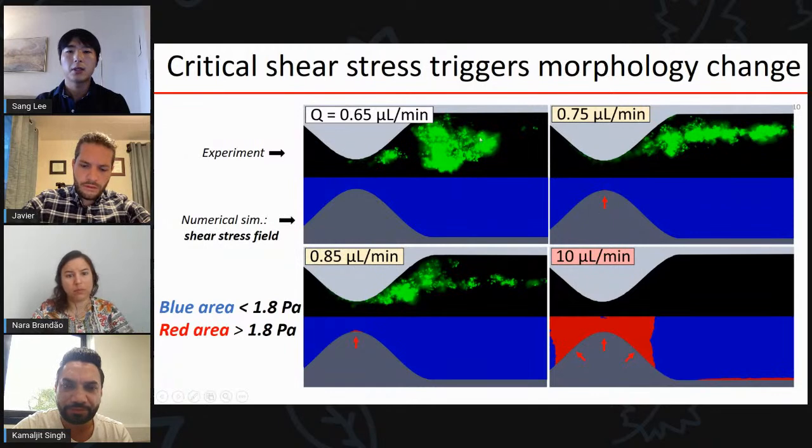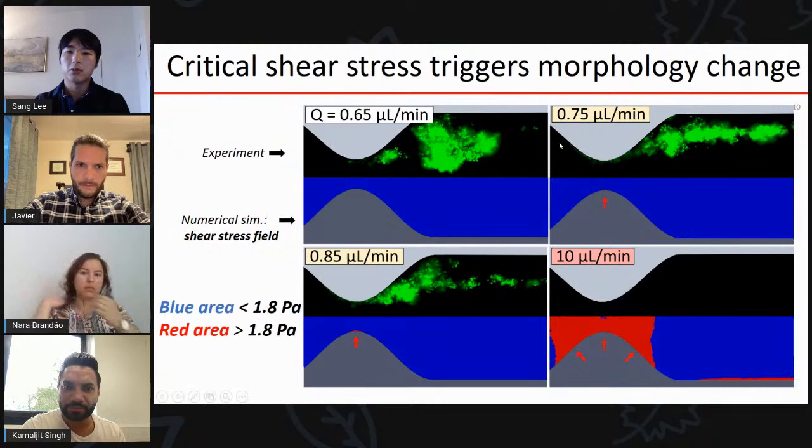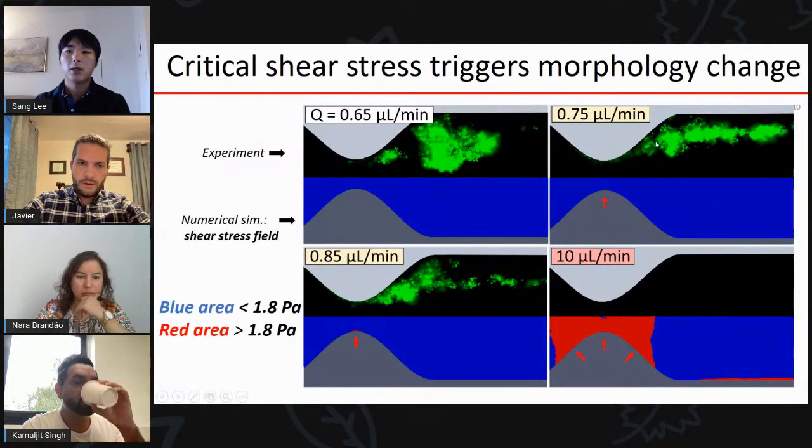And as you can see, when the flow was below 0.75 microliter per minute, the aggregate showed chunky biomass morphology, while at or above the critical shear stress, the bioaggregates show streamer-like morphology.